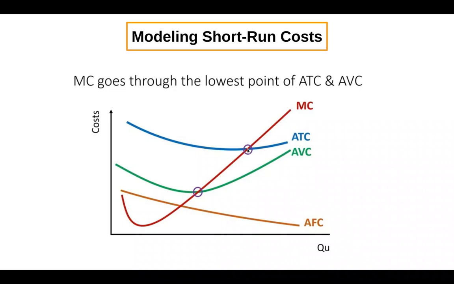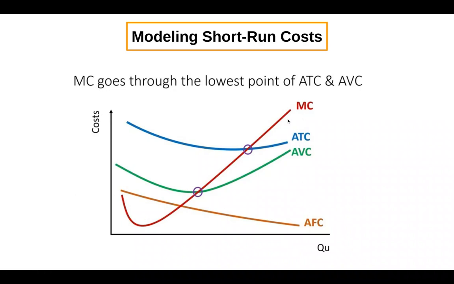So the way I tell students to draw it is make a dot on marginal cost, swing up to get your curve drawn. Notice that ATC and AVC get closer together as more units are produced. That's because your average fixed cost, which is the gap between these two curves, gets smaller.